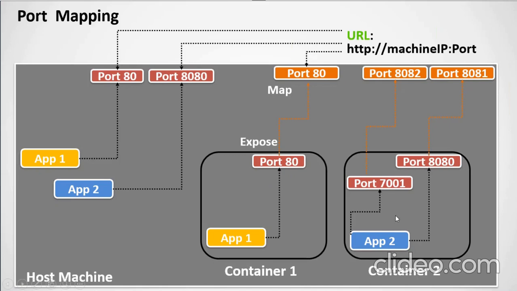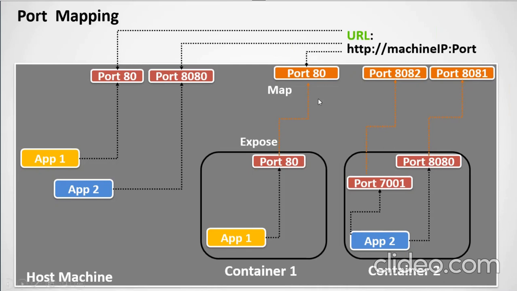This way, as long as the container is running and the application is exposing the port, this port will be available on the host machine. So as a user, when someone wants to access, you go to the URL and you access these ports, not this. This concept is what we call port mapping.